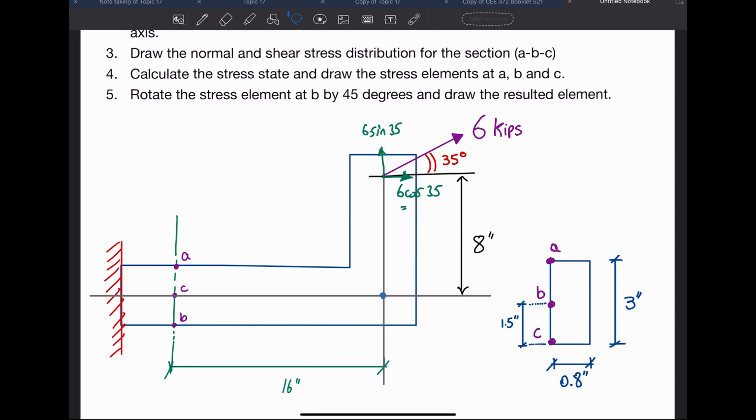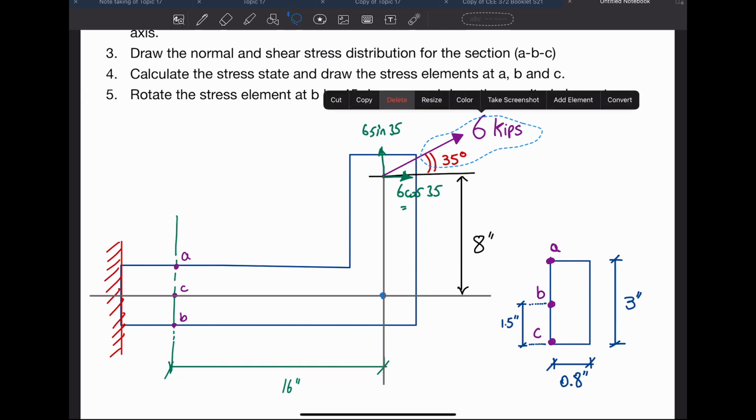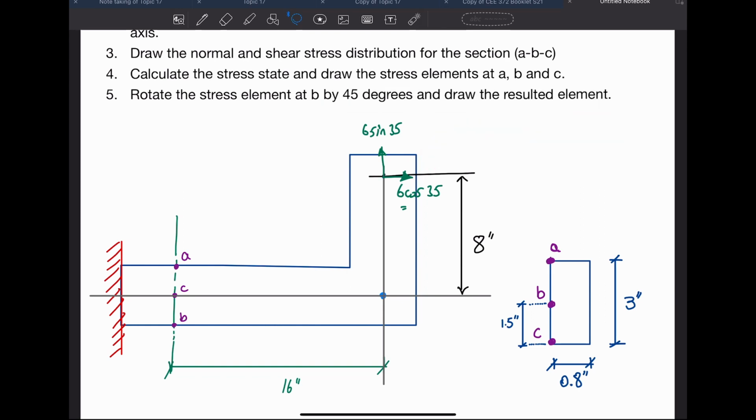And now I no longer need this inclined load. So 6 sine 35, I do have 3.44 kips, and 6 cosine 35, I have 4.92 kips. Let me put it here.